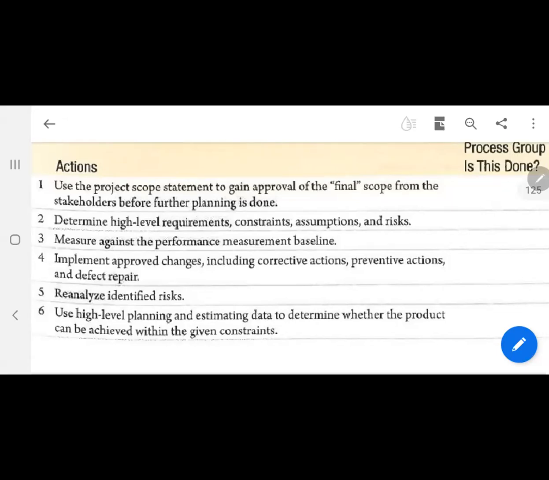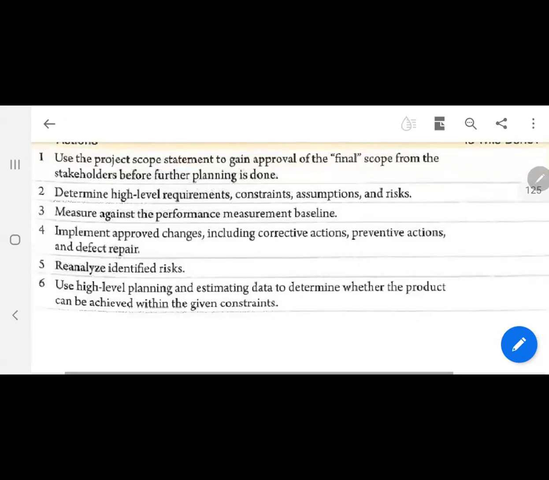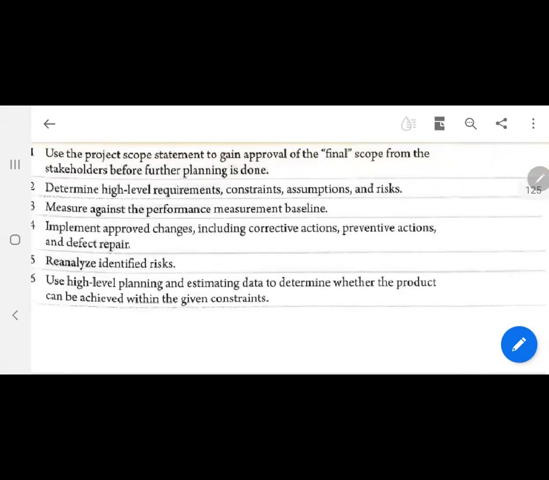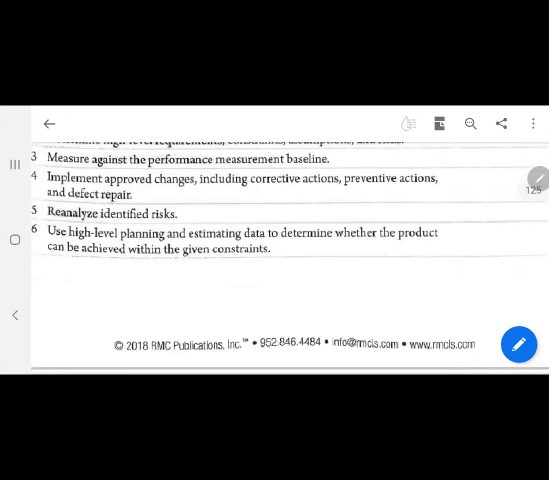Number 5, reanalyze identified risks. This one may confuse you a little bit because it's actually monitoring and controlling. You may not be really able to get that. Use high-level planning and estimating data to determine whether the product can be achieved within the given constraints.